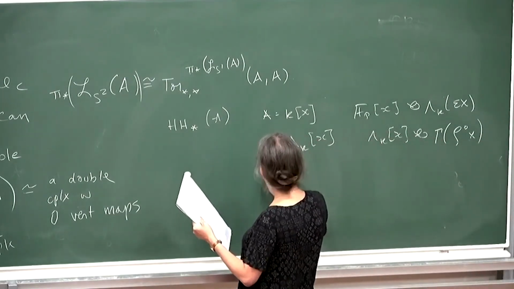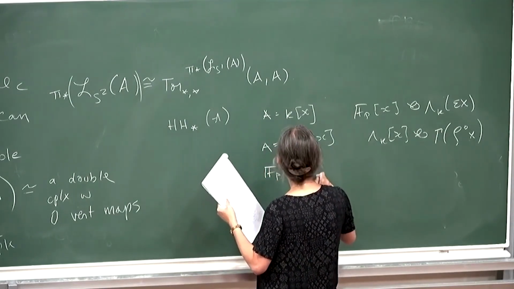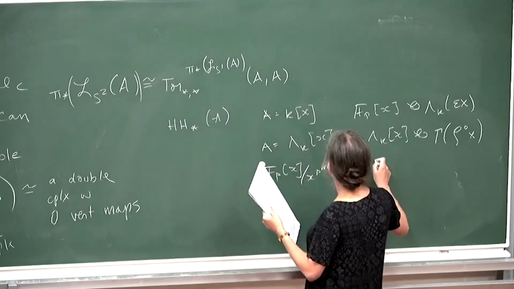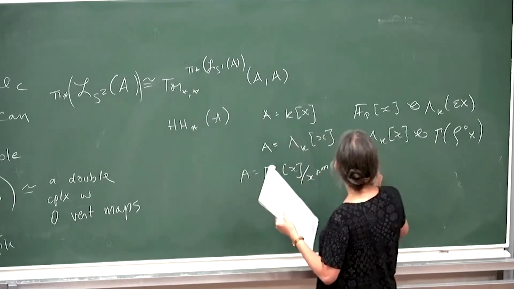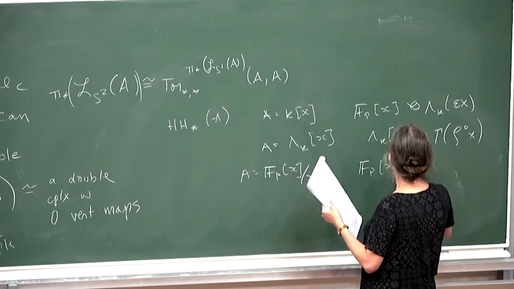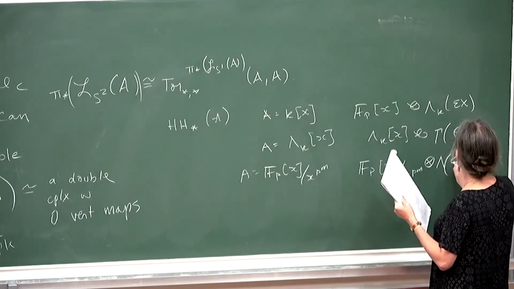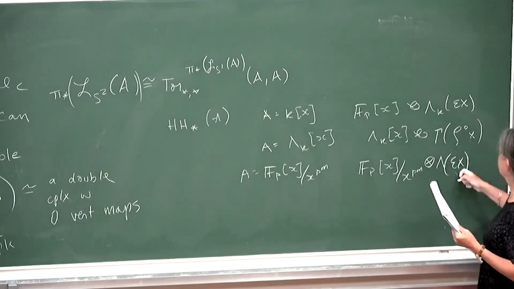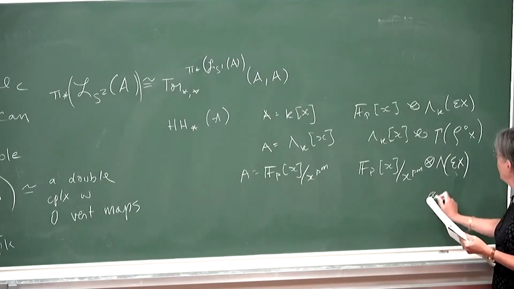And F_p[x]/x^(p^m) has Hochschild homology, for A equals this, F_p[x]/x^(p^m) tensor an exterior on an epsilon x, which again is of odd degree because the degree is 1 greater than the degree of x, which was even.